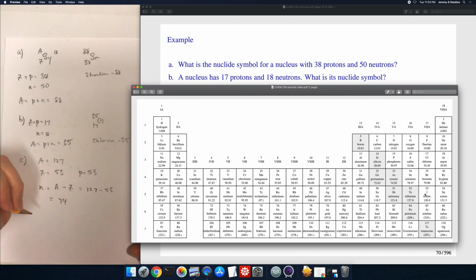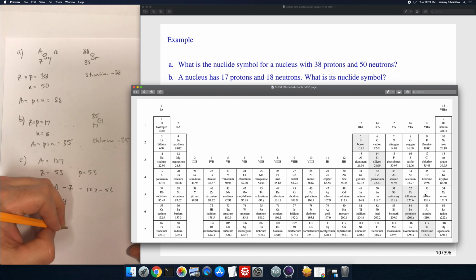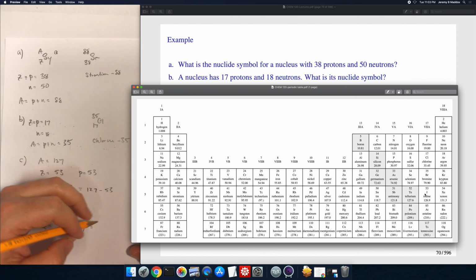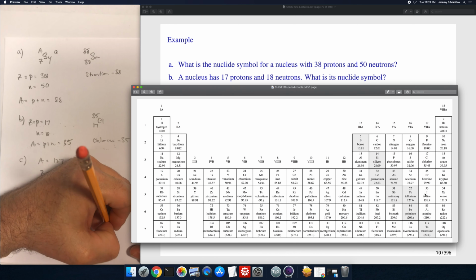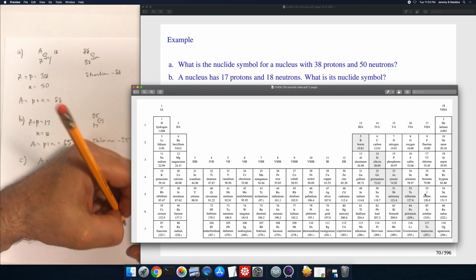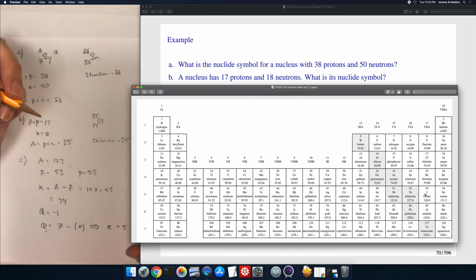And then finally, since we know that the charge is -1, and that the charge is going to be the atomic number minus the number of electrons, we get that the number of electrons is going to be 1 greater than the atomic number. The number of electrons is going to be 54 in this case.